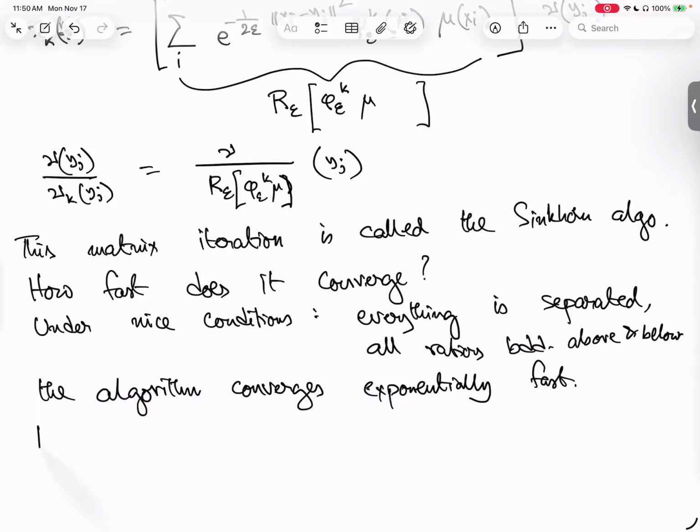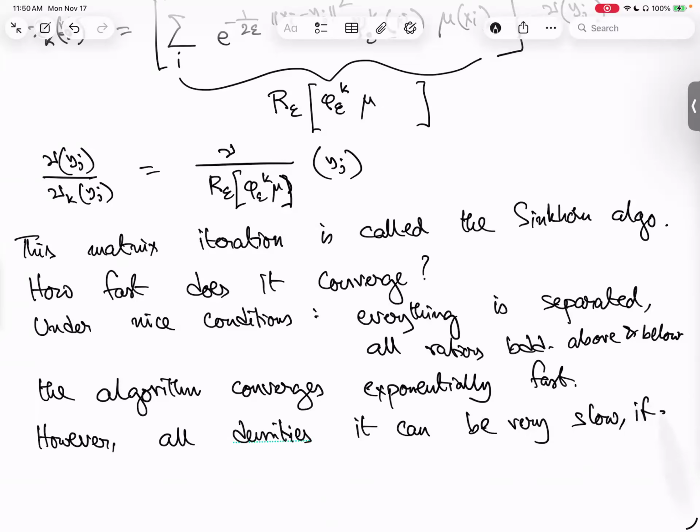However, on densities, it can be very slow, if at all. I mean, it does converge.